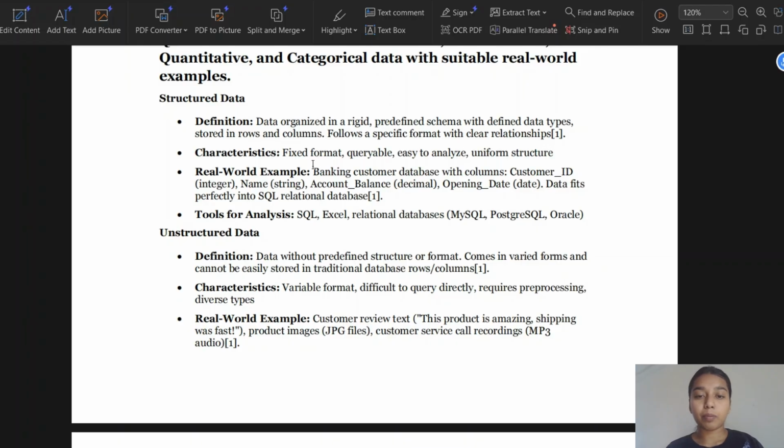They are fixed format, queryable, easy to analyze, with uniform structure. Example: a banking customer database with columns customer ID, name, account balance, opening date, fitting perfectly into SQL relational databases. Tools: SQL, Excel, relational databases.